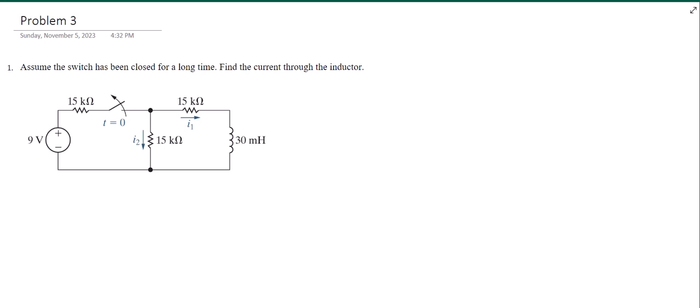Okay, so for this problem, we have a circuit under DC conditions, and we're supposed to find the current through the inductor.